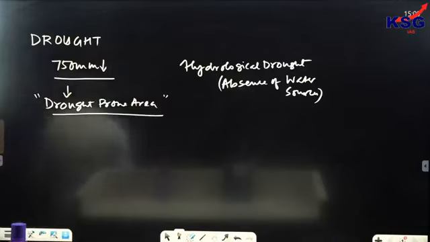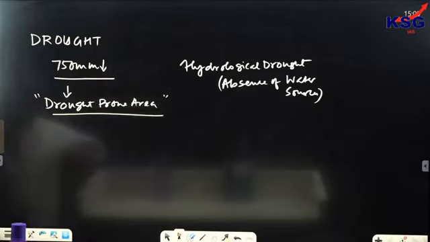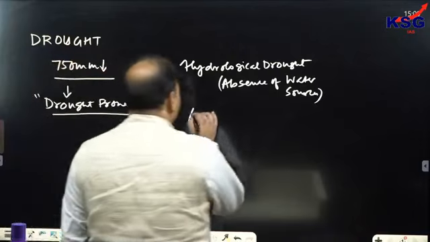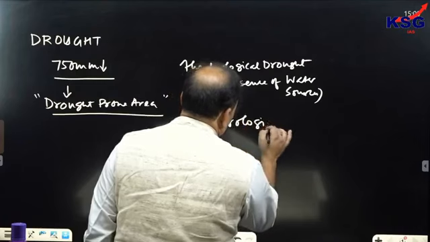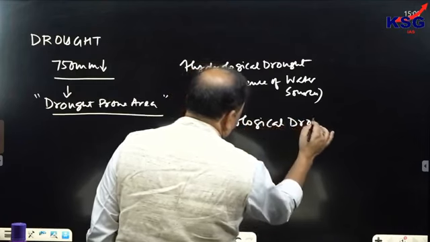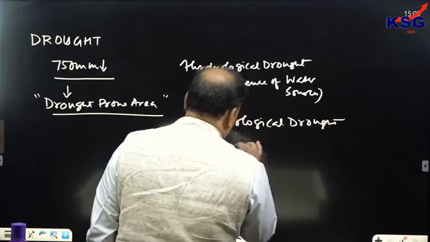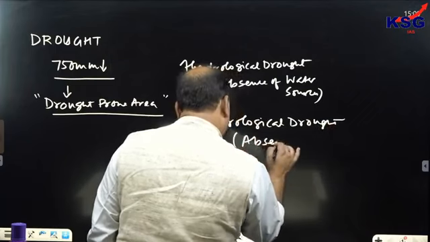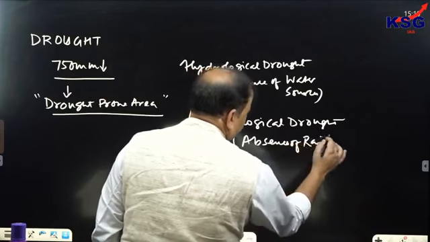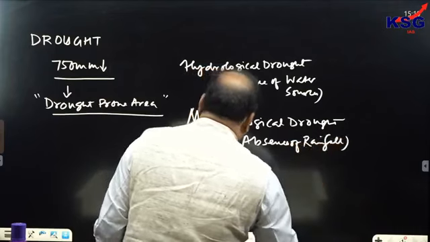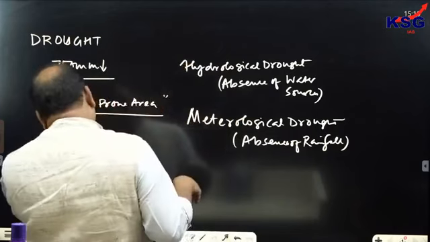Meteorological drought, which happens due to absence of rainfall.